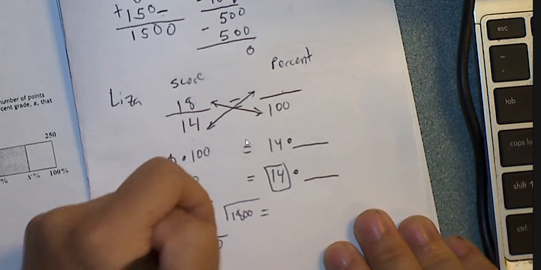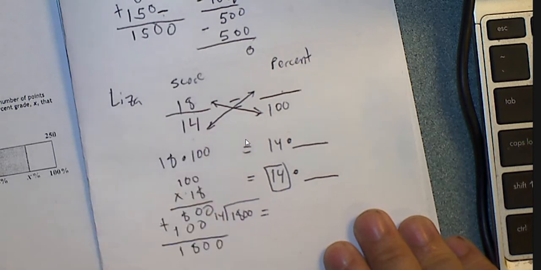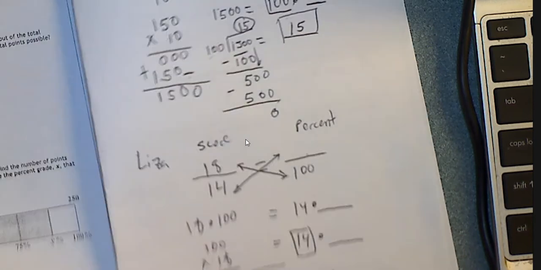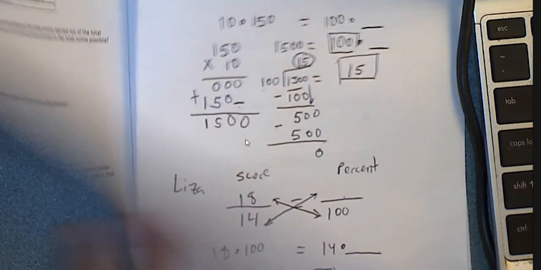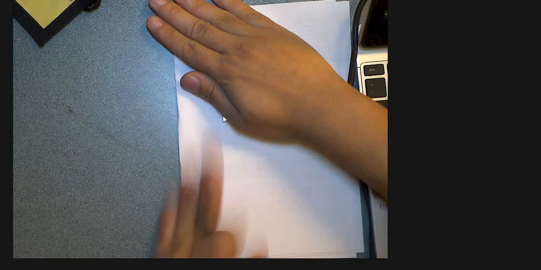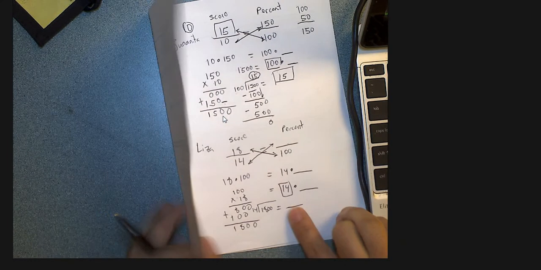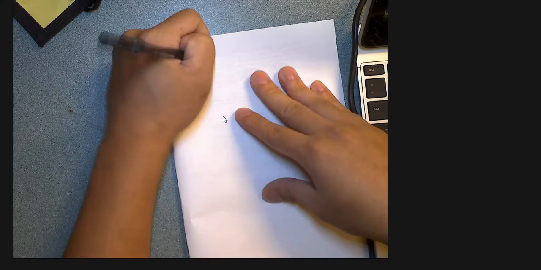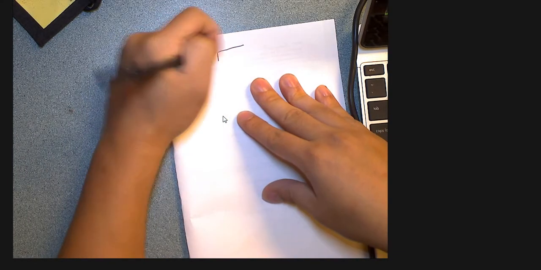So I'll put a 14 right there, and this is still blank. I'm going to turn my page right here. I'm starting to run out of room, so I'm going to fold my paper like this. So I'm going to write my division house. 14 and 1800.